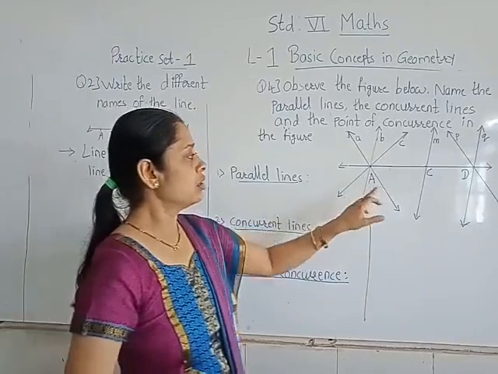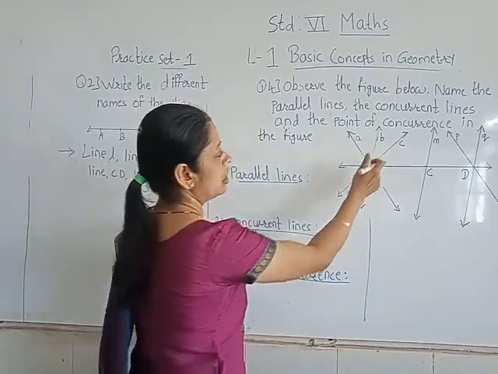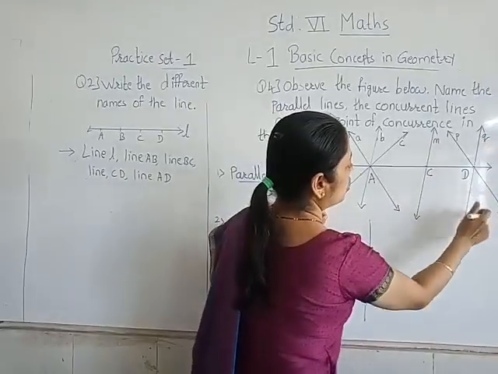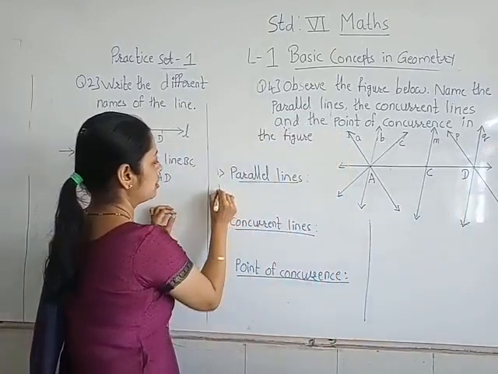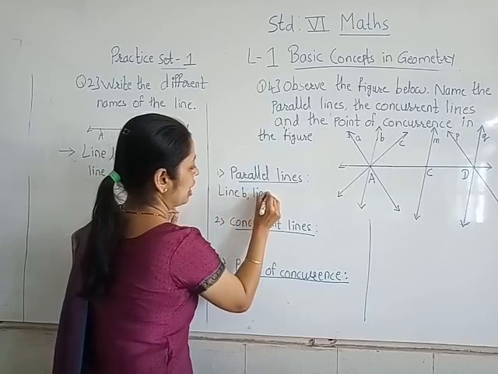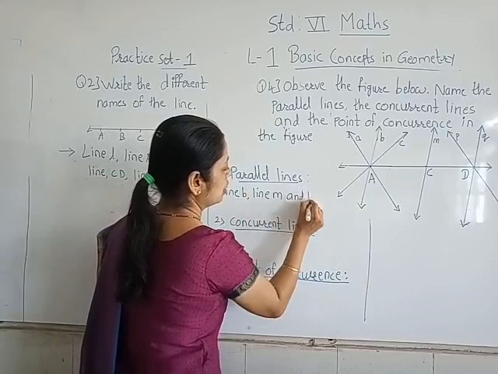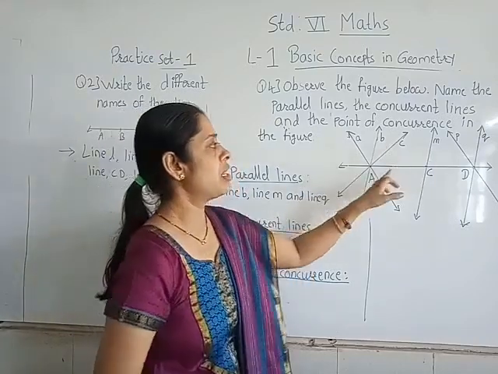Near point A. Here line B, line M and line Q are parallel lines. So we will write here line B, line M and line Q are parallel lines.